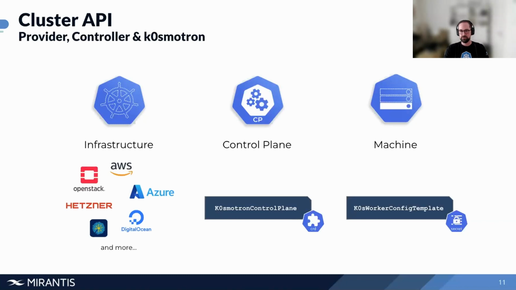When it comes to the default Cluster API mechanisms with Kubeadm, you need to have a specific image, but with k0s, that's not needed. So you can use Ubuntu, you can even use Red Hat or another Linux operating system with k0s.